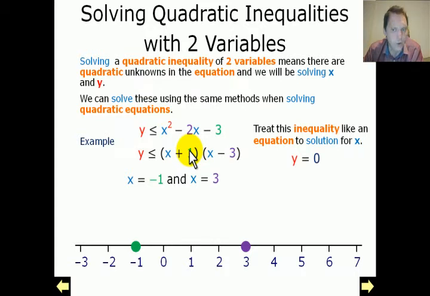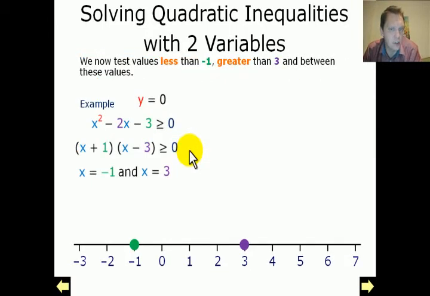But the next part is exactly where does the solution lie. So I've just copied this across, and now we are going to test some values either side of our values that we've been given for x, picking a value from this side, and from this side to test it out.